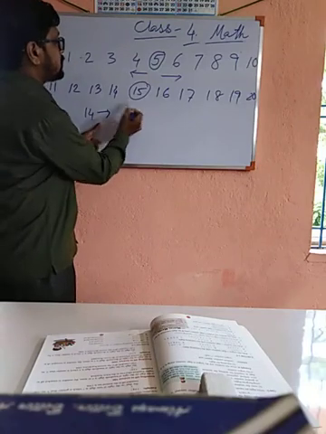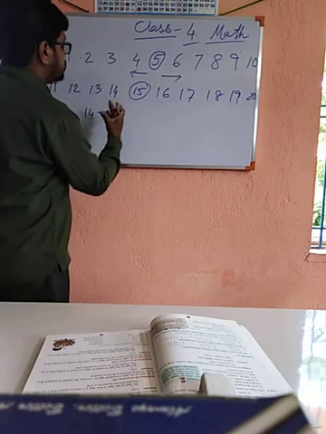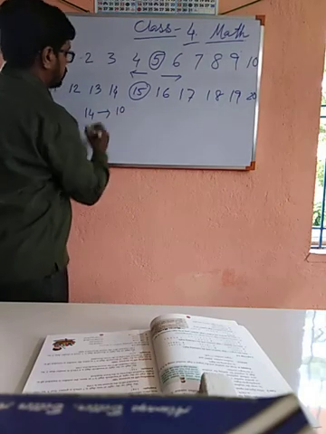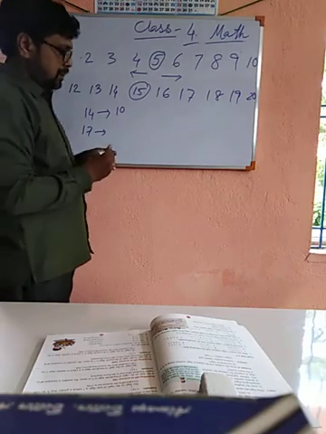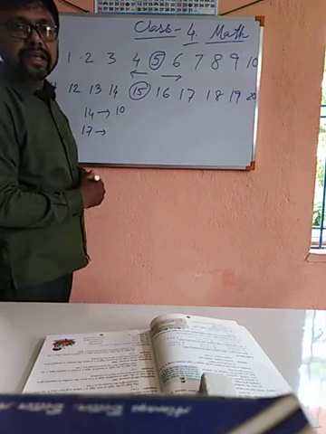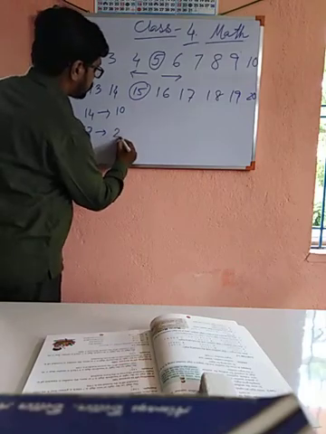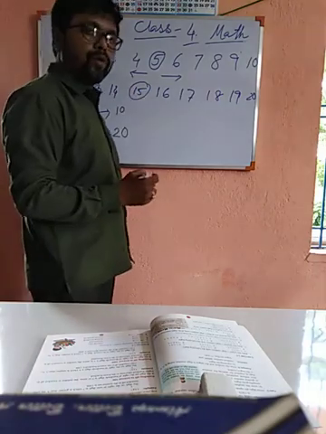So 14 is less than 15, so the nearest 10 is 10. But if it is 17, that is more than 15, so the nearest 10 will be 20.